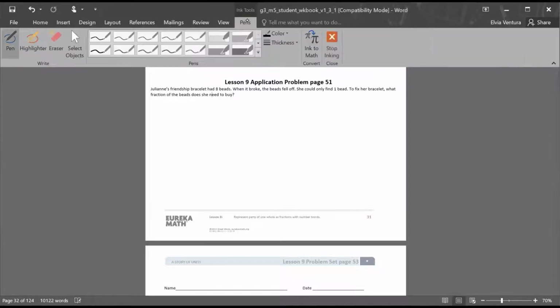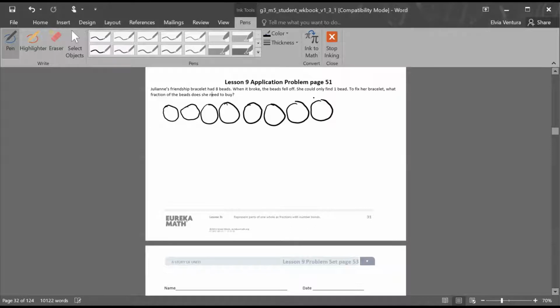So I'm going to start by drawing her bracelet to begin with. So she started with 8 beads. So I'm going to draw 8 circles. 1, 2, 3, 4, 5, 6, 7, 8.